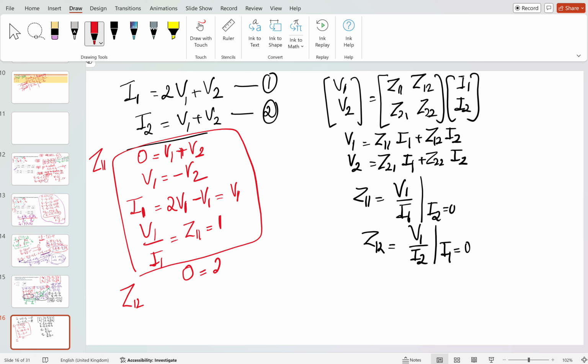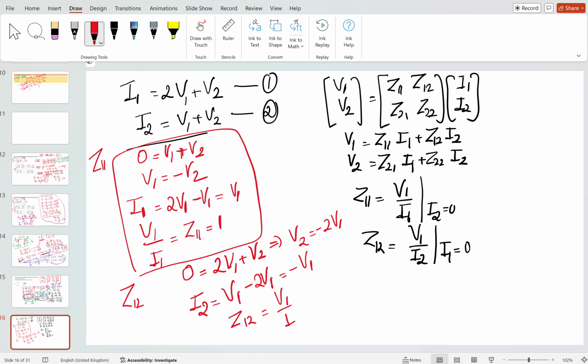What do you get? 0 is equal to 2 times V1 plus V2. So from here V2 will be equal to minus 2 times V1. Put it in the second equation: I2 is equal to V1 plus V2, where V2 is minus 2 times V1, which is minus V1. So Z12 is V1 divided by I2, which is equal to minus 1.